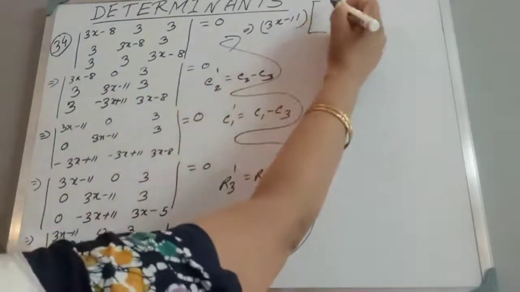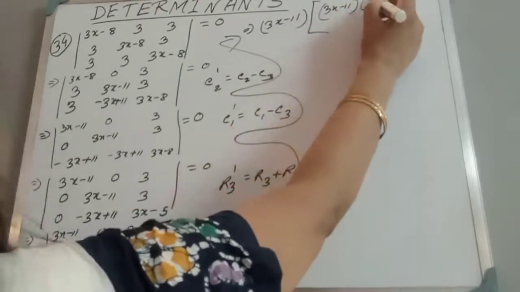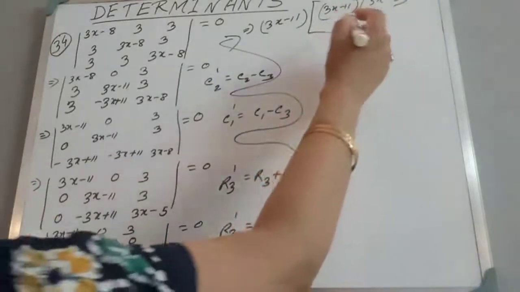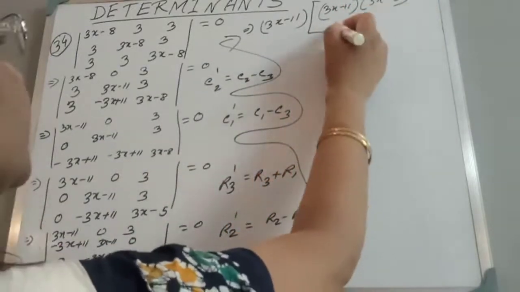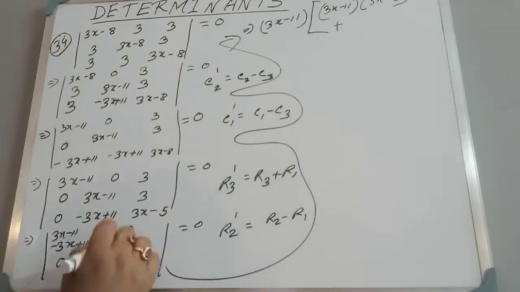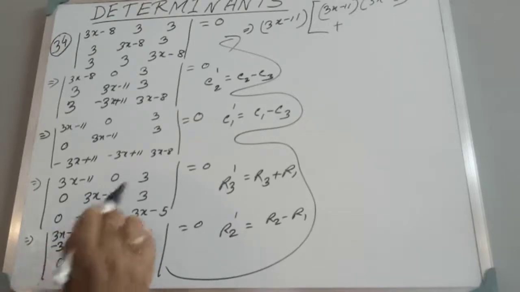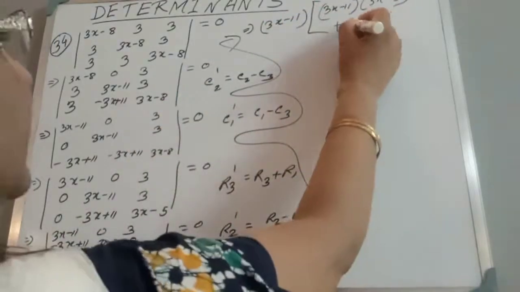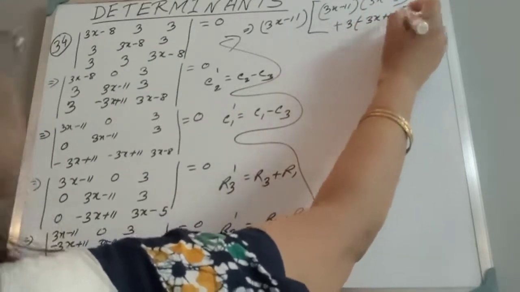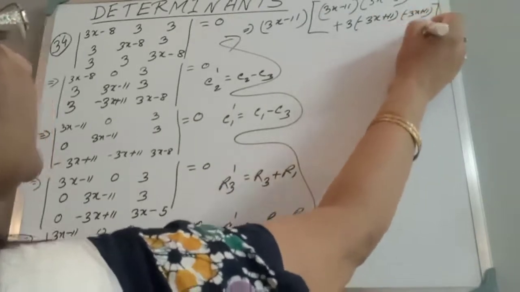That part will be 0. Next, minus 0 into this, that part will again be 0, then plus 3 into (minus 3x plus 11 into minus 3x plus 11 minus 0). So we will write plus 3 into minus 3x plus 11 into minus 3x plus 11, which is equal to 0.